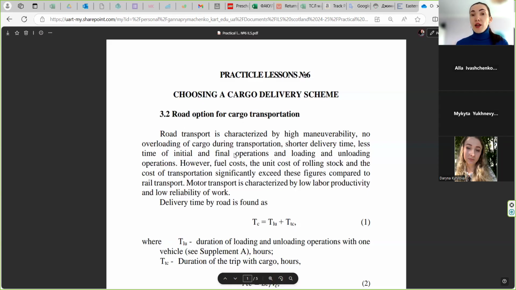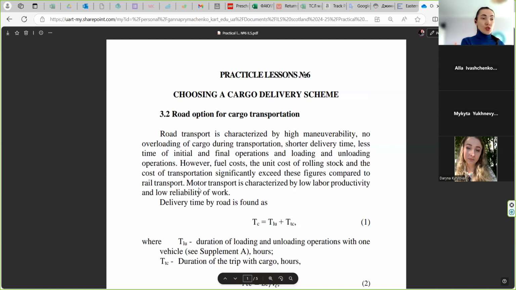Less time for initial and final operations, and loading and unloading operations, is also very important and useful when we find the time of delivery. However, fuel costs, the unit cost of rolling stock, and the cost of transportation significantly exceed those of rail transport. So we can find this information when we have the characteristics of road transport and rail transport, for example. It is always very important.